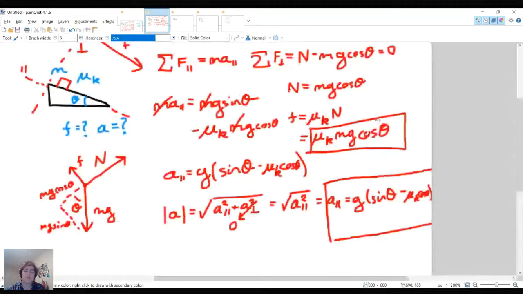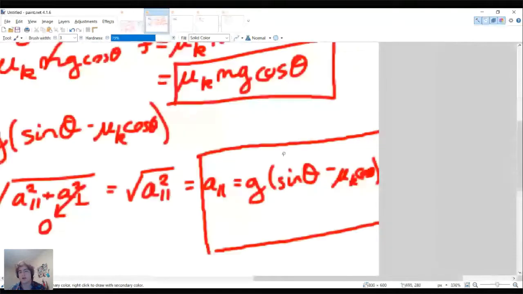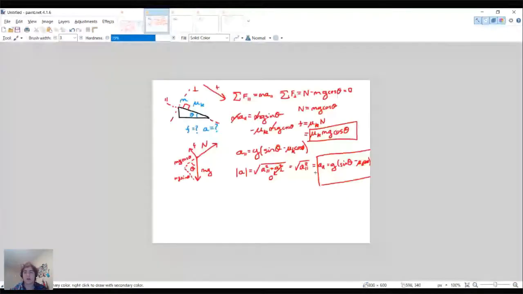And for the same case, if it asks what happens to the magnitude of the acceleration of the block if the mass increases, you can make a case for both situations, right? You could say, if the block has more mass, then it's harder to accelerate, so the acceleration is lesser. Or if the mass is increased, then the block has more weight, which means that it will travel faster down the incline.